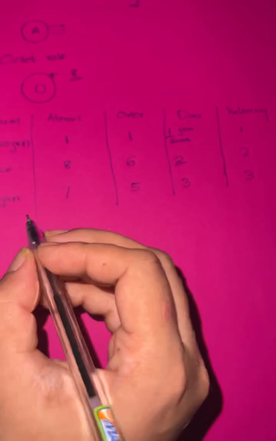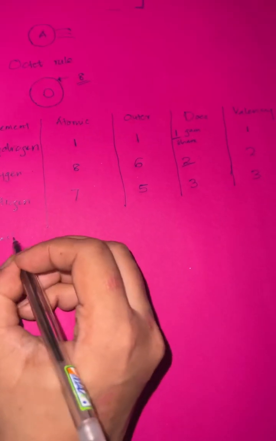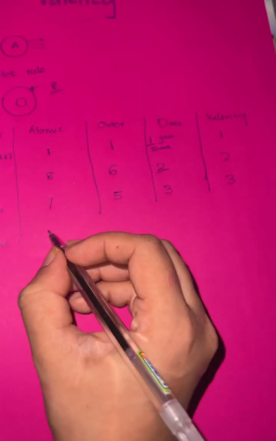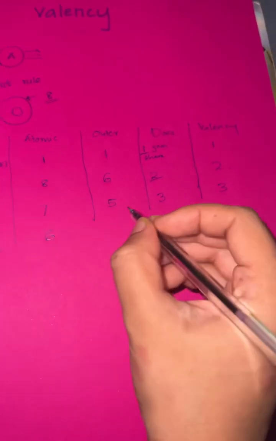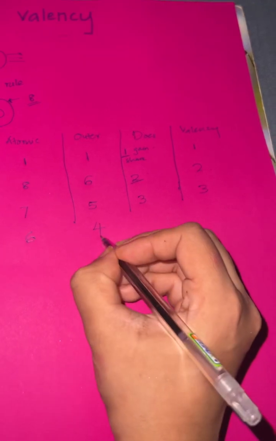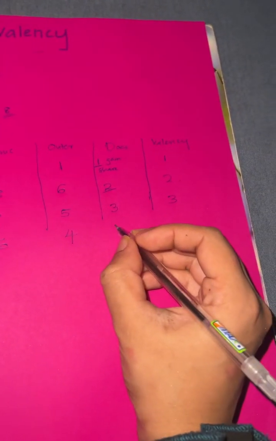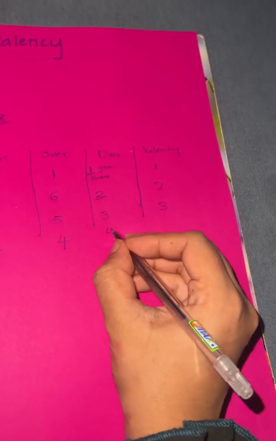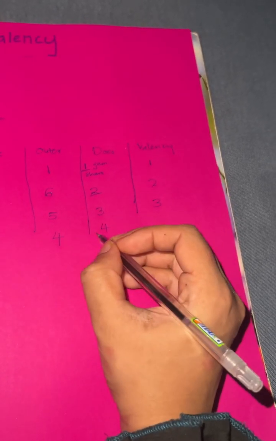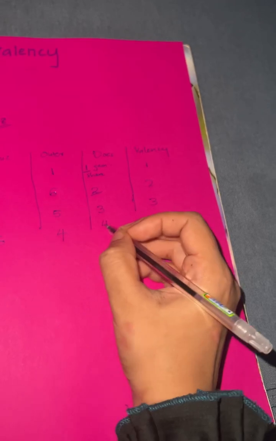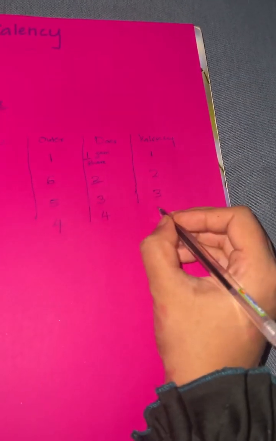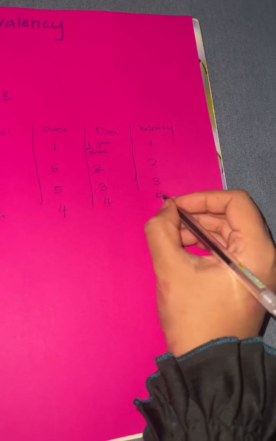Another example, we are going to consider carbon. Atomic number is 6. So 2 and 4 electrons in the outermost shell. It has to combine with another 4 by losing, gaining or sharing, and the valency is 4.